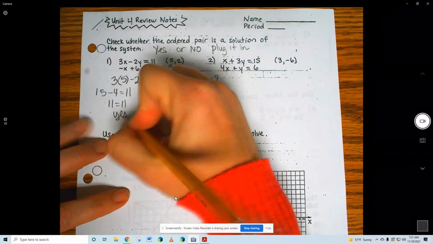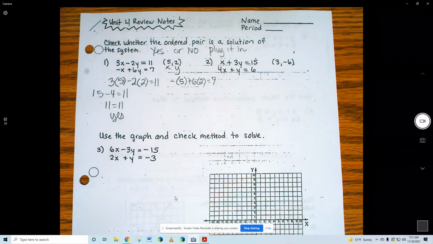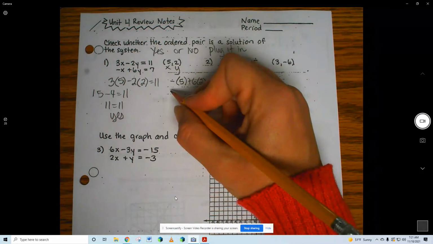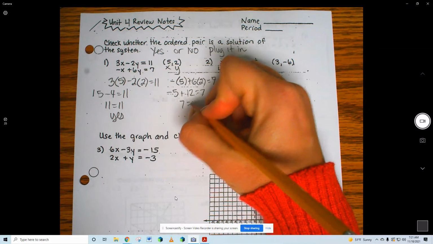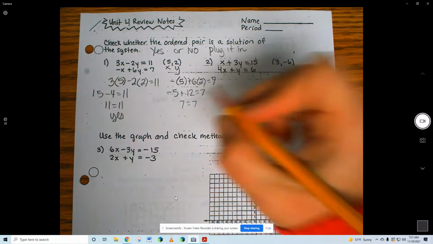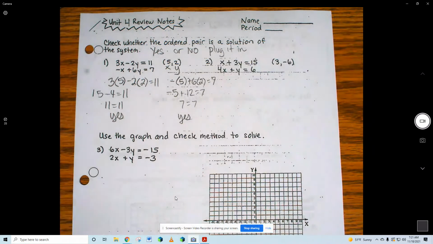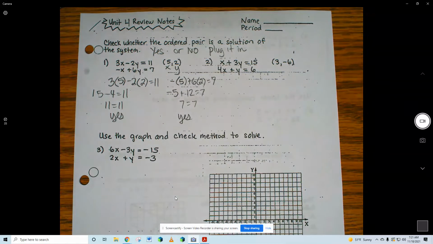Yes. They must both be yes for it to be a solution. Negative 5 plus 12 equals 7. 7 equals 7, yes. So both of them are a yes. This is good. This is a yes.